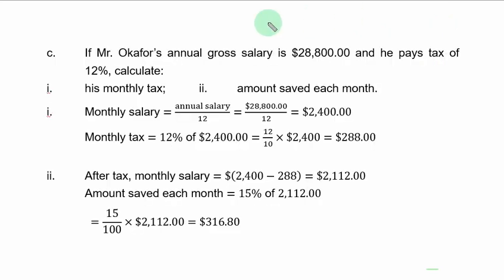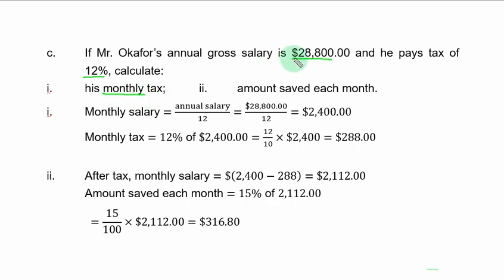See part of the question. If Mr. Okafor's annual gross salary is $800 and he pays tax of 12%, calculate his monthly tax. Now figure 2, amount saved each month.